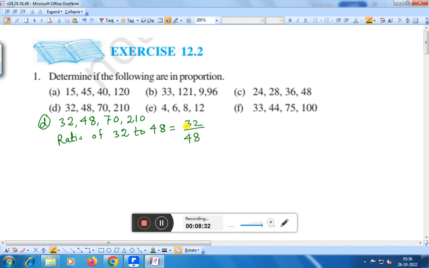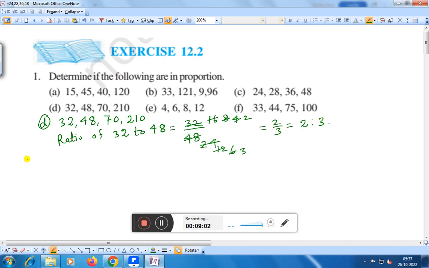If we divide by 2, we get 16 by 24, then 8 by 12, then 4 by 6, then 2 by 3. That comes to 2 by 3, or you can write it as 2 is to 3.